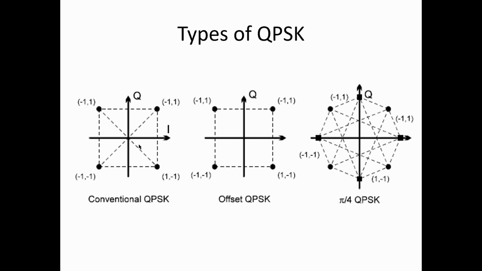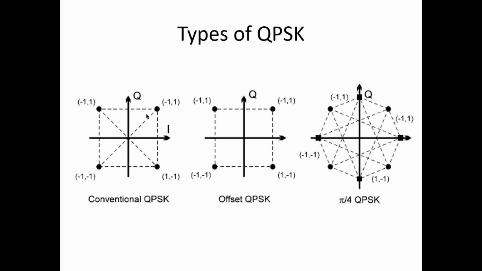If you want to shift the bits from either 1 to 0 or 0 to 1, and if you want to transmit two bits simultaneously, obviously there will be a phase shift of 180 degrees in the case of QPSK. In BPSK, changing a bit from 0 to 1 is a 180-degree phase shift. In normal conventional QPSK, if you want to transmit one bit, that has a 90-degree phase shift.